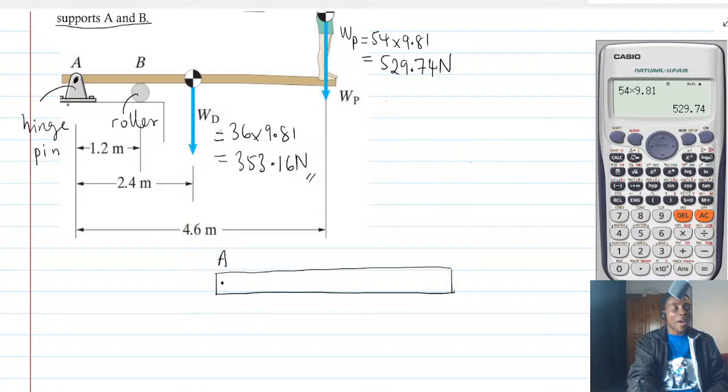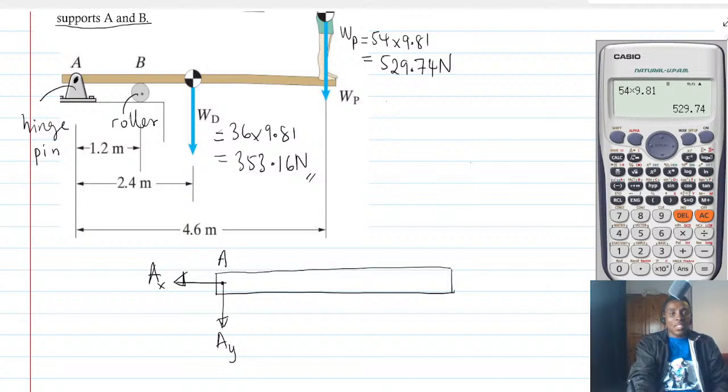Is that right? Now, whenever I have a hinge, I'm going to get two reactions. So at A, I'm going to get a reaction along the X, let's call it AX. And then I'm going to get a reaction along the Y, let's call that AY. Is that right?